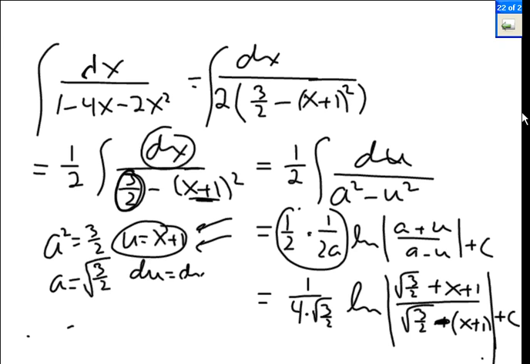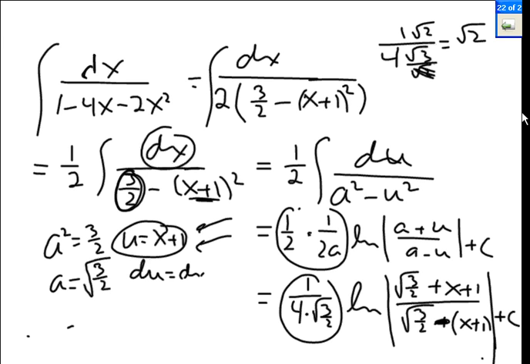Okay, let's just clean up some stuff. We have 1 over 4 times the square root of 3 over the square root of 2. This square root of 2 can go on top. That is, we have the square root of 2 over 4 square root of 3. Let's multiply the top by square root of 3 and the bottom by square root of 3. So now the top is the square root of 2 times 3, or 6.